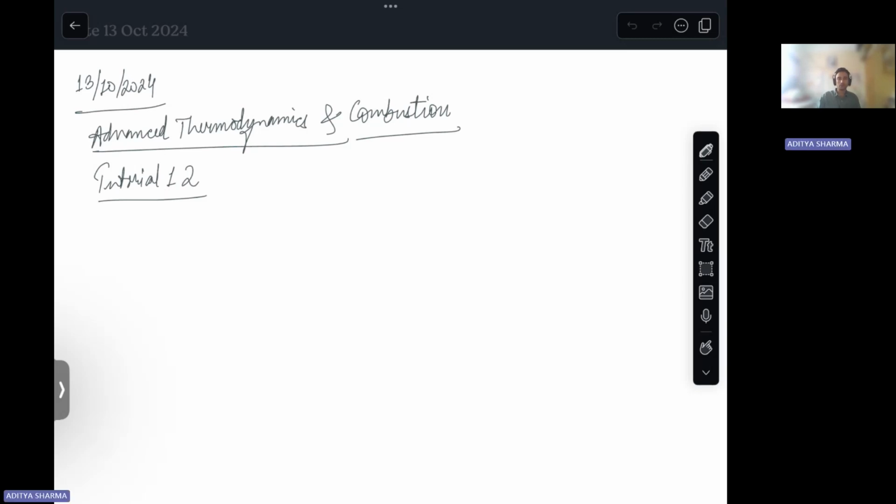This is the main thing in this topic: droplet evaporation, mass transfer.